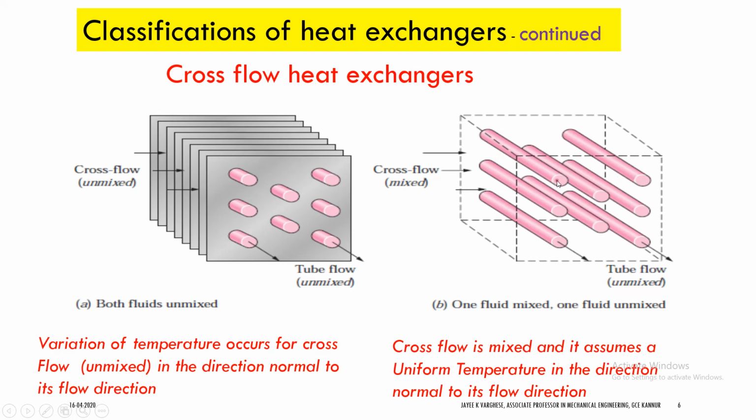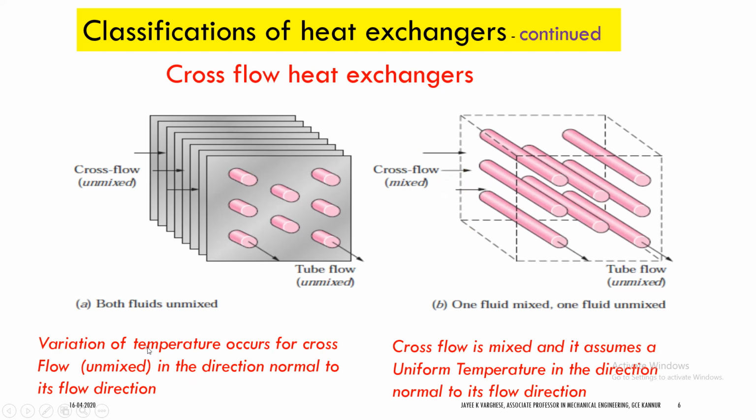Actually the cross flow fluid is unmixed in the first case, whereas the cross flow fluid is mixed in the second case. So in the first one we can say that both the fluids are unmixed, whereas in the second case one fluid is unmixed whereas the cross flow is mixed.